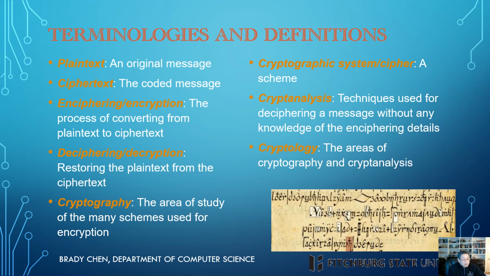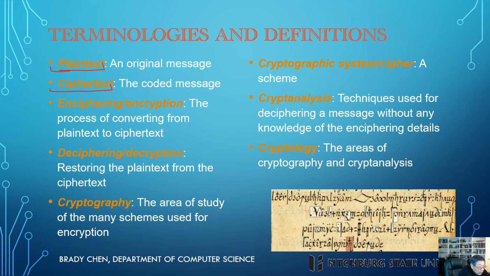Now, in this slide, we're going to introduce and discuss the terminologies and definitions used in encryption and decryption algorithms. Okay, so the first one is the plain text. A plain text is the original message, which is the message before the encryption. Okay, and then the ciphertext refers to the coded message. Okay. So typically, a ciphertext is unintelligible. Okay.